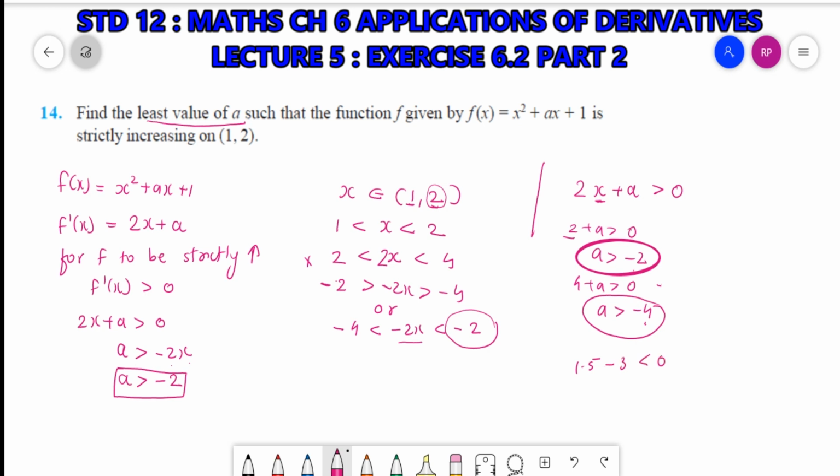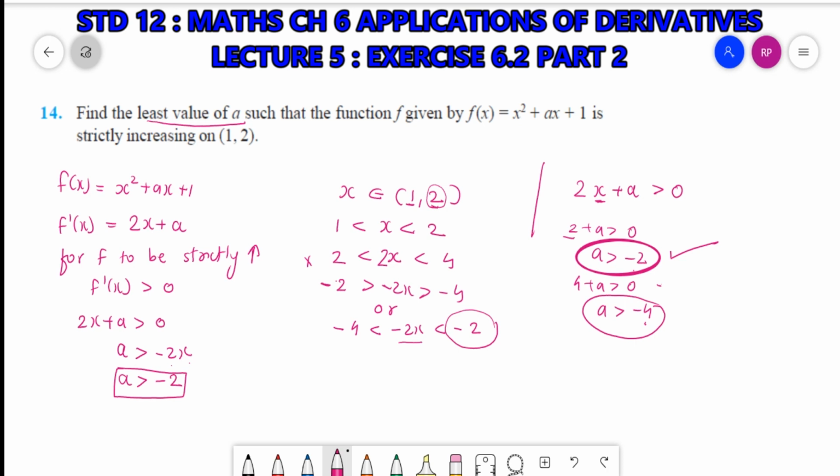So the minimum value that it must require is minus 2. Okay, so that was about question 14. So write it down. One more thing, it is asked the least value.